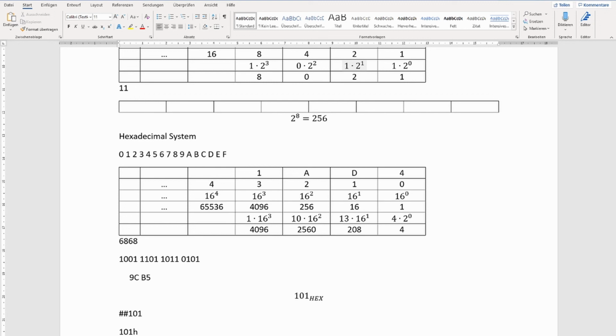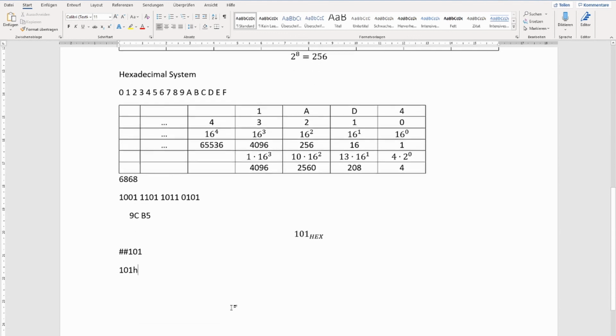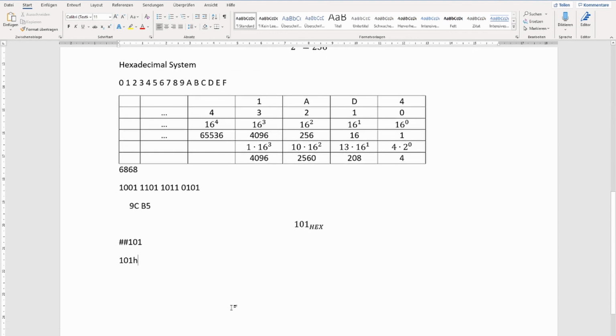You have to look into the coding, what your programming language or wherever you write this needs, you have to sign it somehow. Important thing is that you can distinguish between decimal and hexadecimal numbers. In my script, I'm using this marking.